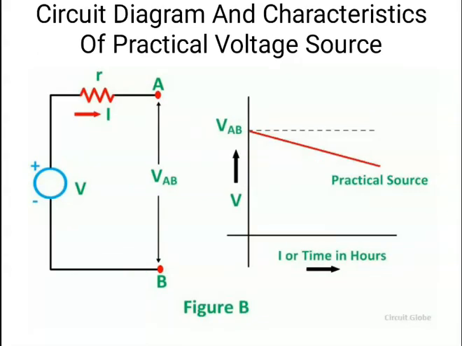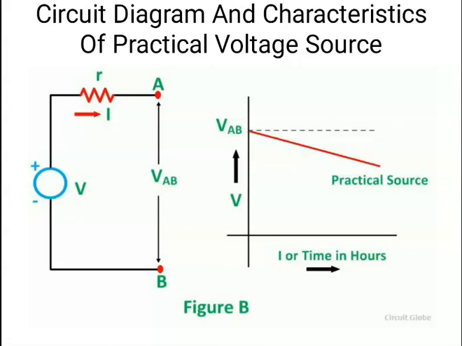But in practice, a voltage source has some internal resistance. Small r means internal resistance. This is not the external resistance which is given by us. It is the internal resistance, meaning the resistance of that supply. So if the voltage source has an internal resistance, there will be some drop in the voltage.